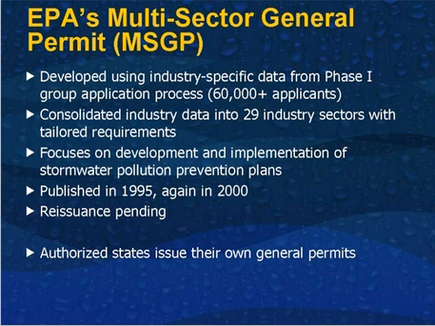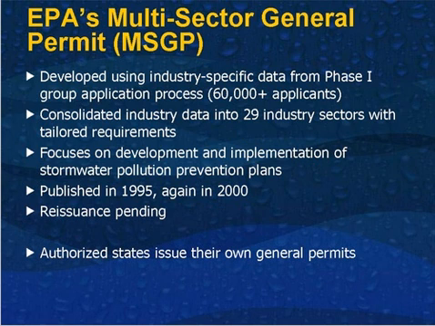The original permit, which was published in 1995, was developed based on using specific industry data that we collected during the group application process that took place in the early 90s, which doesn't exist anymore. But based on all the information we got from that, we developed the 1995 version of the multi-sector permit.